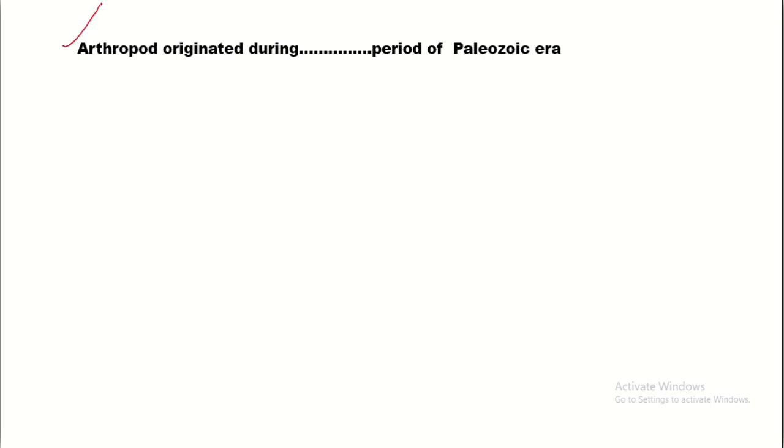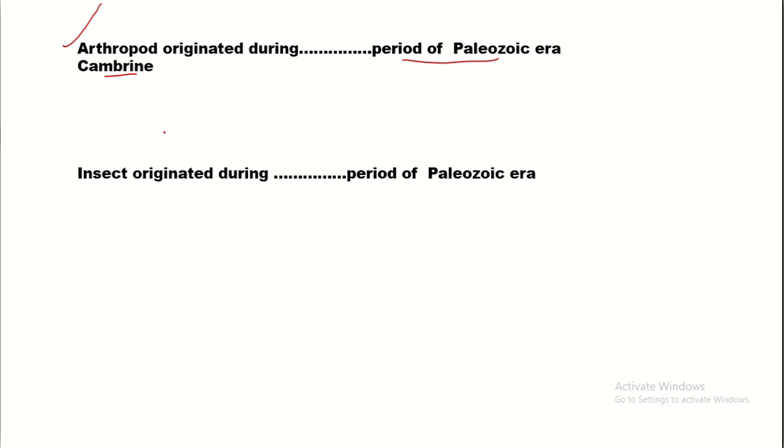Arthropods originated during which period of the Paleozoic era? Arthropods originated during the Cambrian period of the Paleozoic era. Insects originated during which period of the Paleozoic era? Insects originated during the Devonian period of the Paleozoic era.